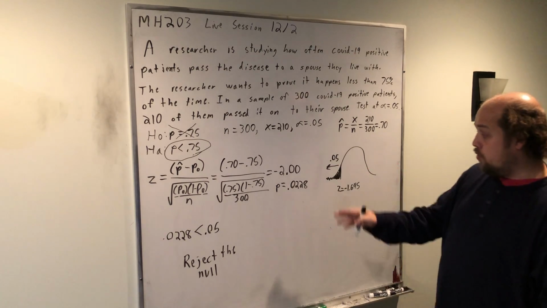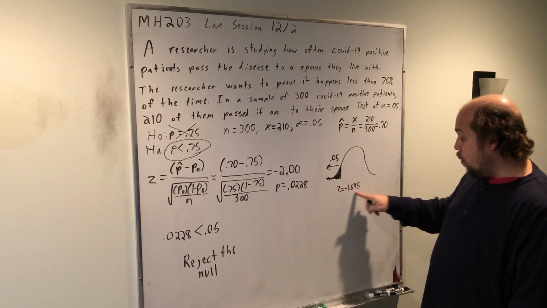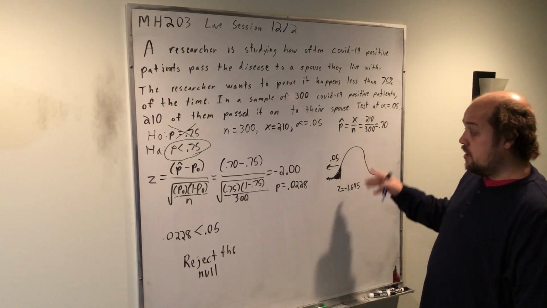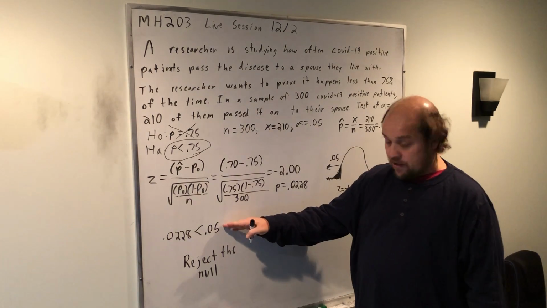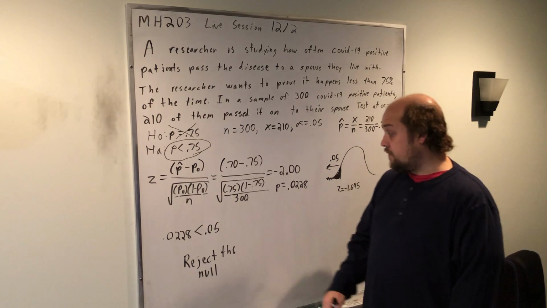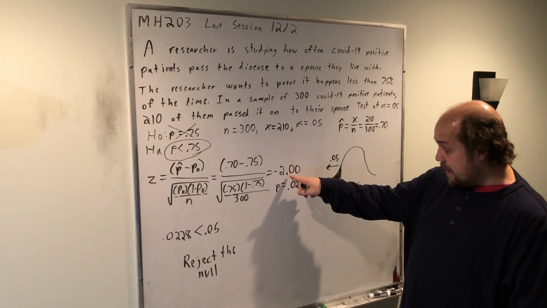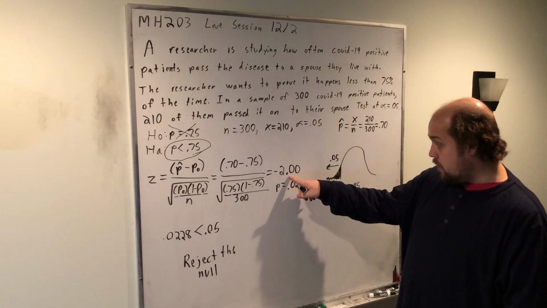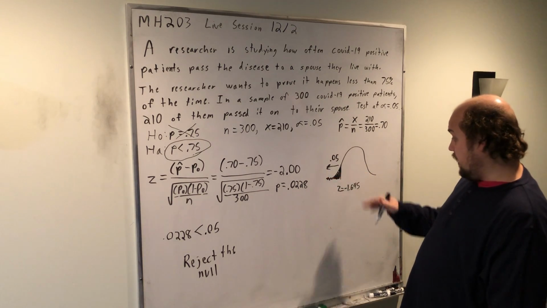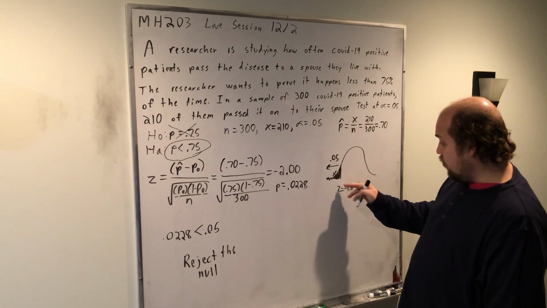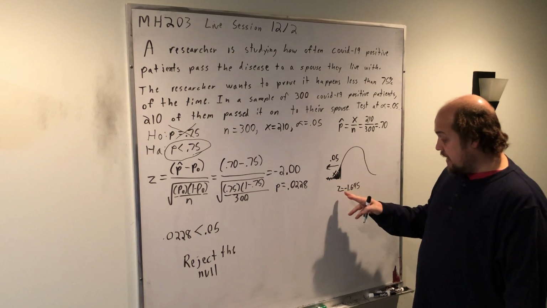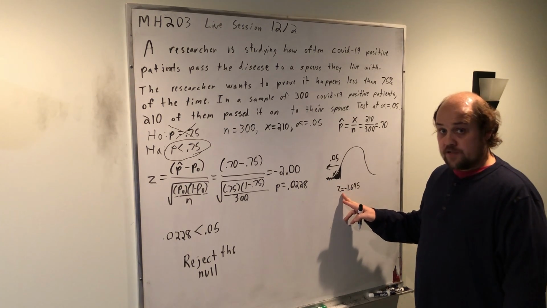In this example, now that we figured out where the region of rejection is, the next thing we need to do is make a comparison like we did here. The difference is for this comparison, we're going to graphically place this negative 2.00 where it would belong in this graph. It would be here, to the left of, or more negative than, z equals negative 1.645.